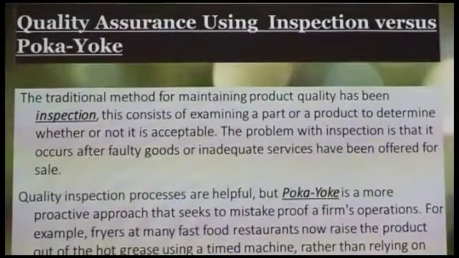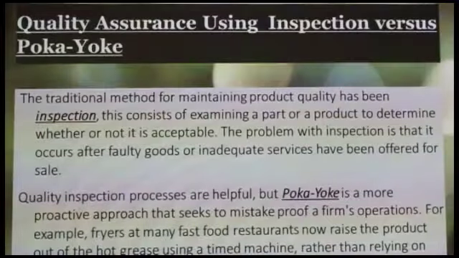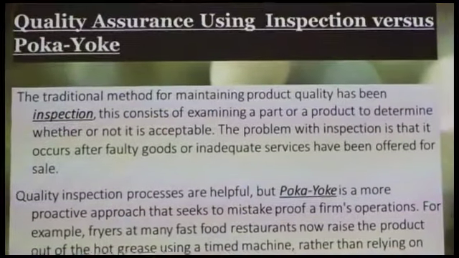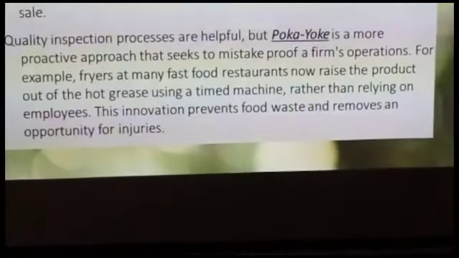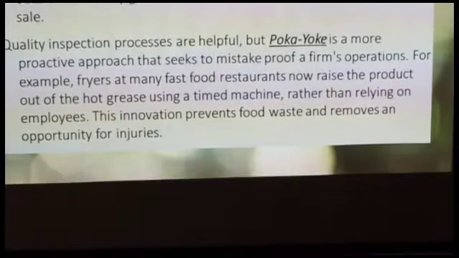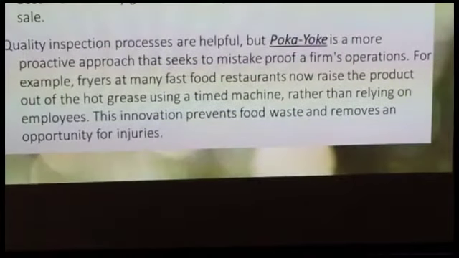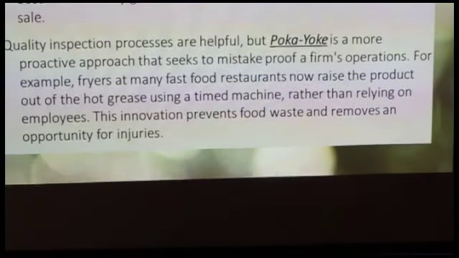Quality inspection processes are helpful, but poka-yoke is a more proactive approach that seeks to mistake-proof a firm's operations. For example, fryers at many fast food restaurants now raise the product out of the hot grease using a timer rather than relying on employees. This innovation prevents food waste and removes an opportunity for injuries.